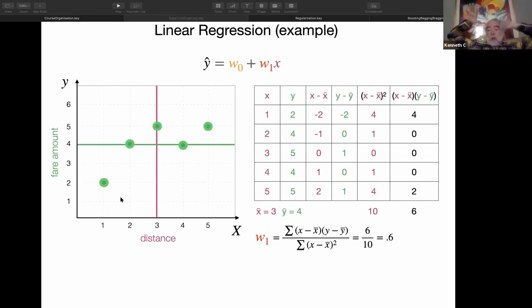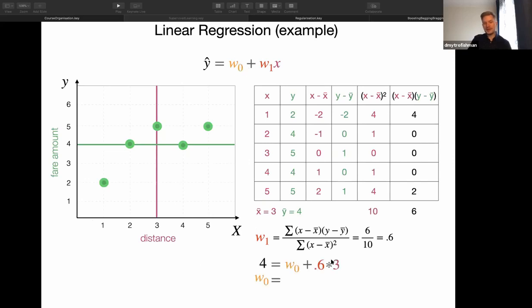So we substitute all the known values, the point 3, 4 and the 0.6, and then we solve for the missing variable. Yeah. So what Kenneth is saying is that since the line passes through the point 3, 4, and we knew that, we can substitute W1 with 0.6 and solve this line equation for W0, which is missing.